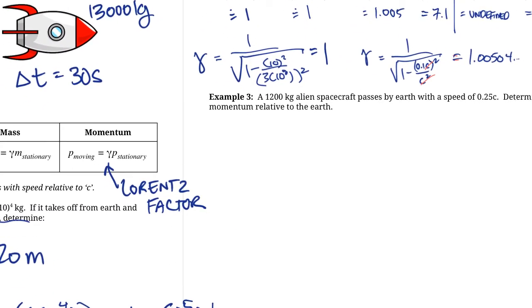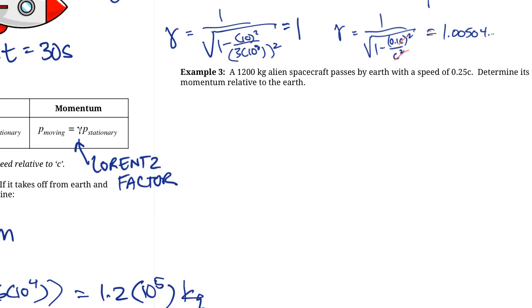So this is one we didn't do in the previous page. To calculate a relativistic momentum, the equation is this: the relativistic momentum is gamma times the stationary momentum, or the rest momentum, right? We're given in this question that the speed is 0.25 c.